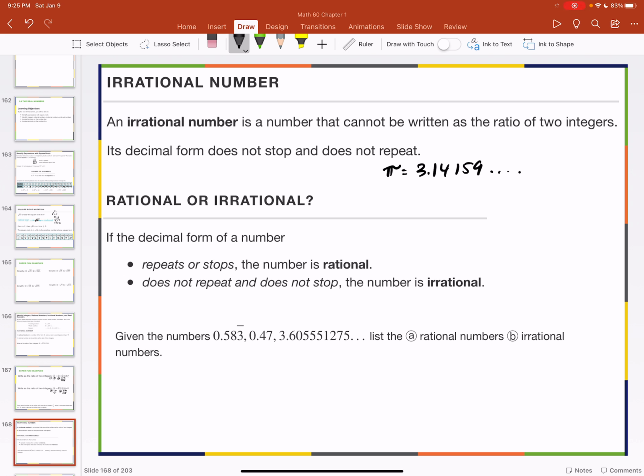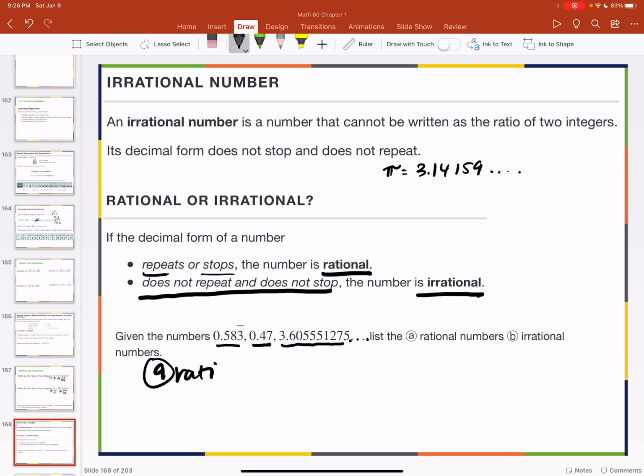So how do you tell if something is rational or irrational? If the decimal form repeats or stops, the number is rational. And if it does not repeat and does not stop, the number is irrational. So let's see here. We have these numbers: 0.58 and then 3 repeating, 47 hundredths, and 3.60555125 dot dot dot. Which ones are rational and which ones are irrational?